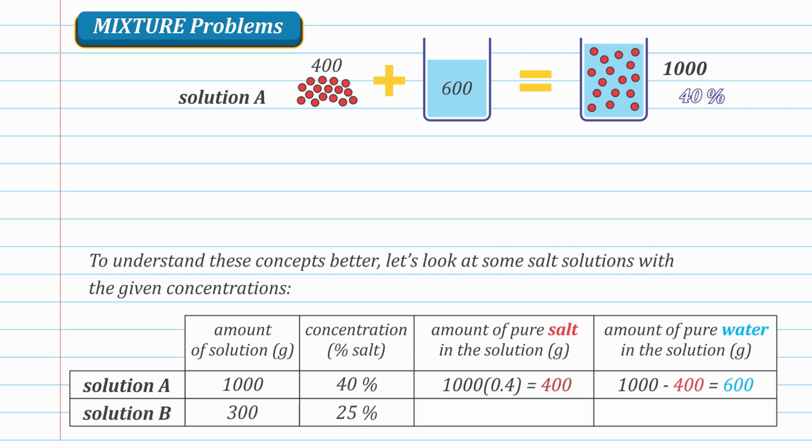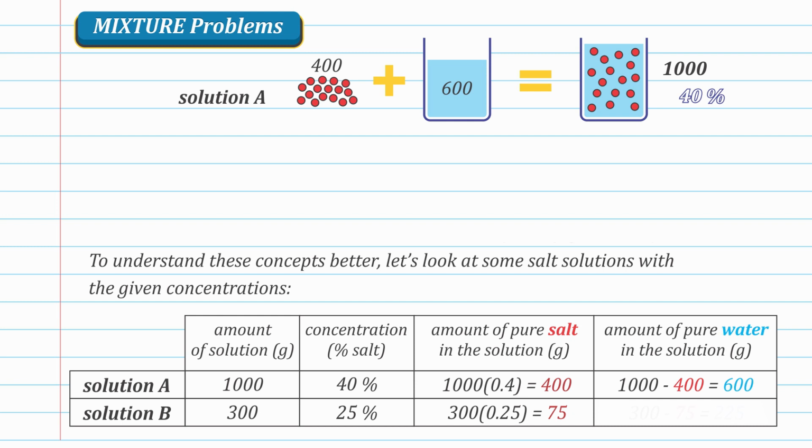Okay, let's have another example. This time, well, let's say we have 300 grams of salt solution B that is 25% salt. That's the given. Again, to get the amount of pure salt in the mix, we multiply 300 by 0.25, which means there is 75 grams of pure salt.